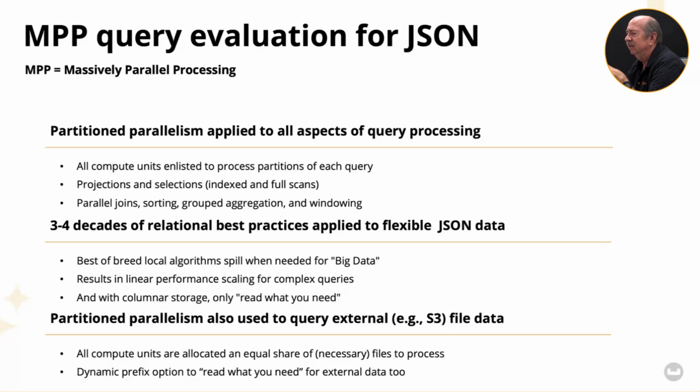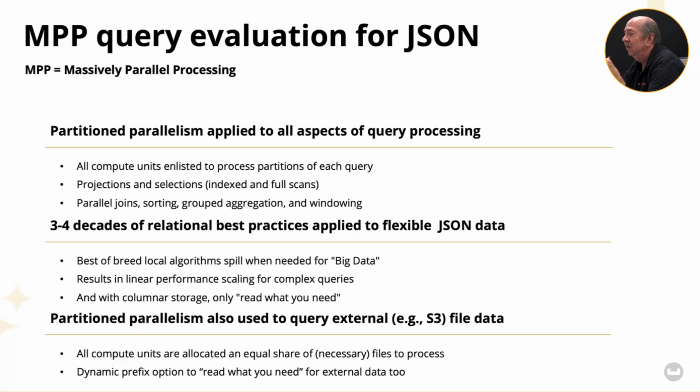Things like projections and selections are happening in parallel at all the nodes on your data, right? So if you need to scale, and we'll talk about that too, you can add more nodes. And then things like joins and sorting and grouped aggregation and window query processing, all those things are parallelized. And so you might ask, well, how are you doing that? Well, the answer is the relational community spent 5 decades, 2 or 3 of which were on how to do data warehouses and parallel query processing.